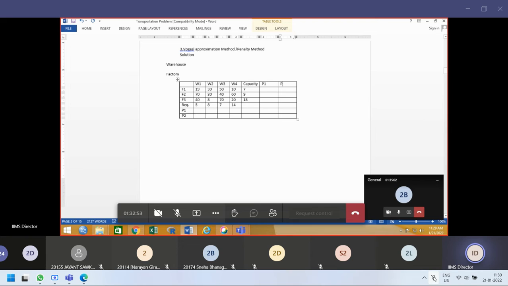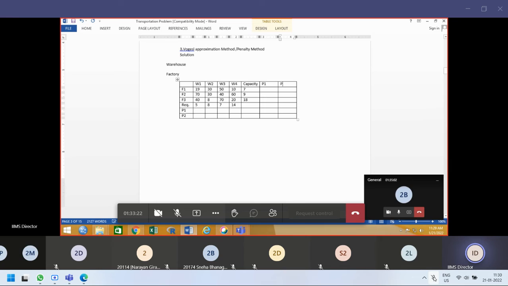Okay, chalo. Now this is the cost matrix. As I said, from the cost matrix, we have to work out the penalties, right? Try to understand, everyone, please concentrate. Okay, from the first row, we have to work out penalty 1, penalty 2, and so on, right?